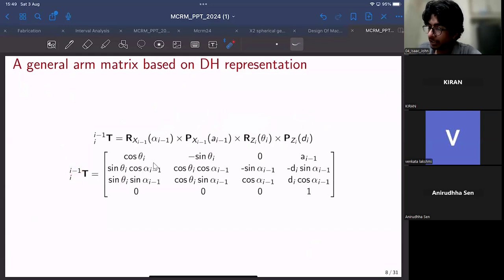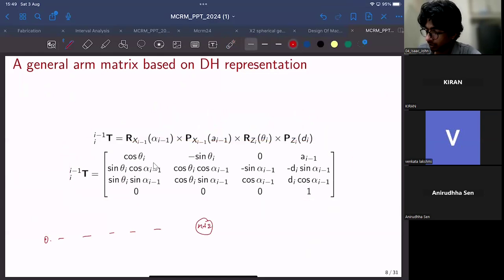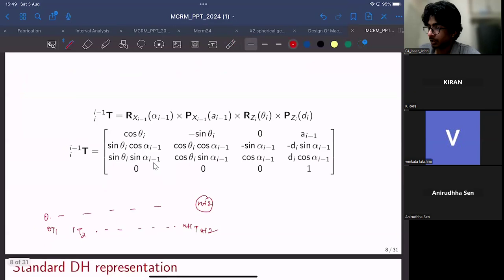As I've already mentioned, a robot will have n+2 frames, starting from 0 all the way to n+1. So you can assemble the transformation matrices, like 0T1 between the 0th link and the first link, 1T2 between links 1 and 2, all the way to n T n+1.